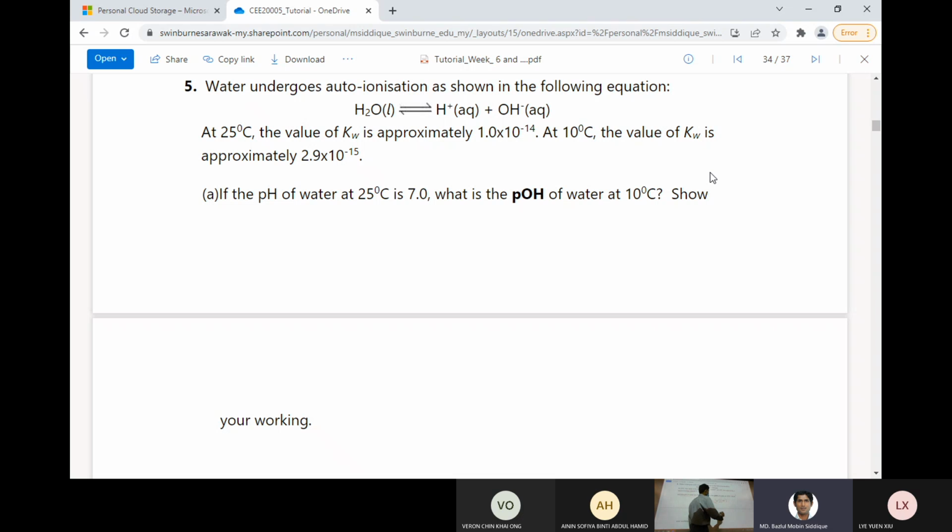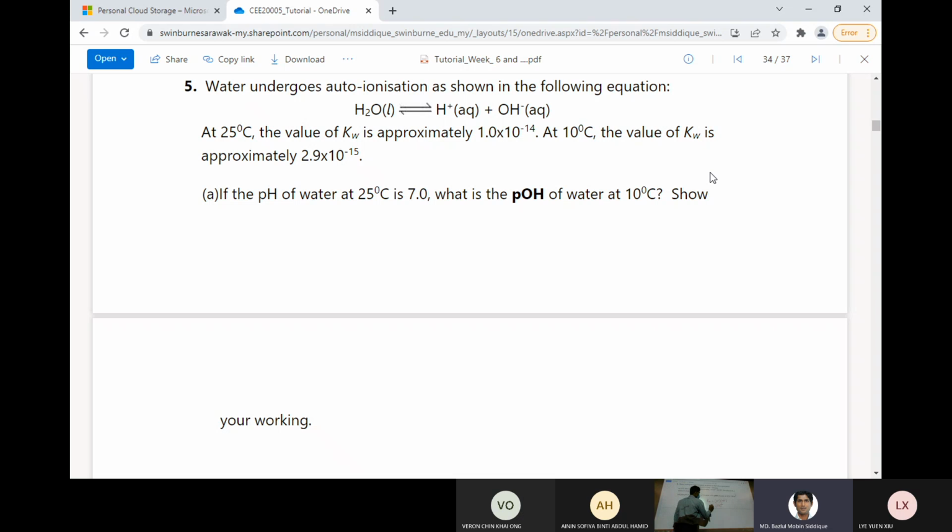So consider that we have hydroxyl ion the same amount as hydrogen ion. In this way, it will become squared, right?